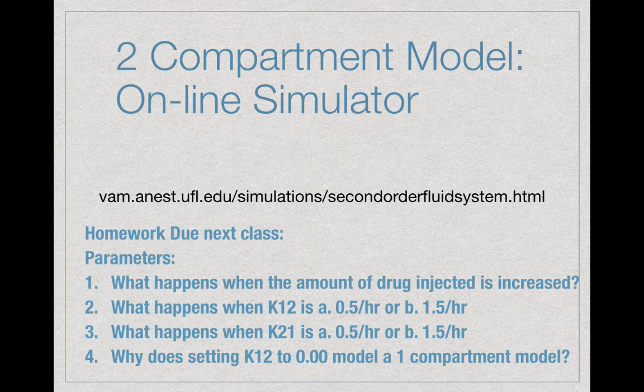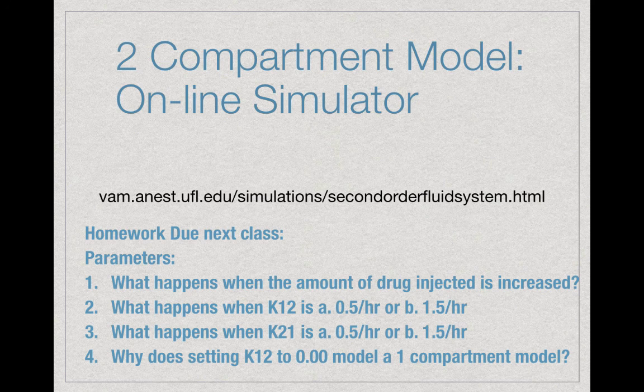So here's your homework, the two-compartment model. It's an online simulator, so if you go to this website, just copy and paste into this website. Spend about 20 to 30 minutes on this, as you would have been doing this in class, changing the different parameters, and here is the work that's due for next class.